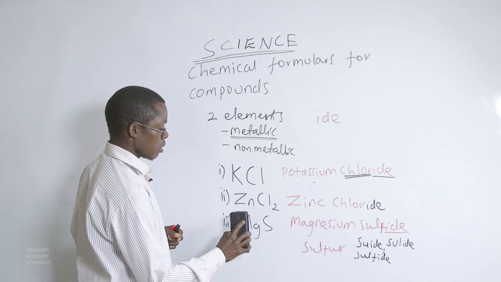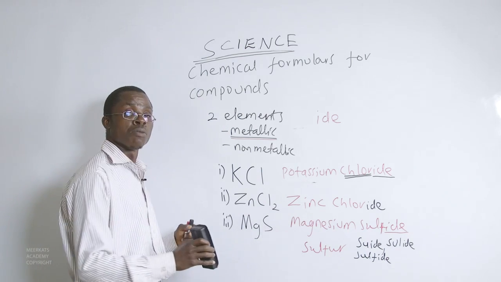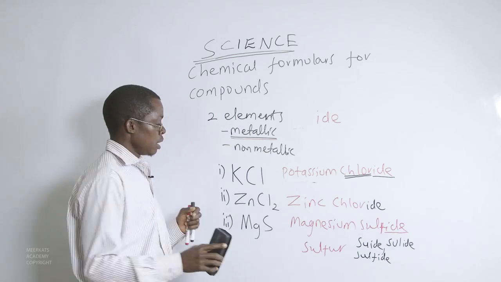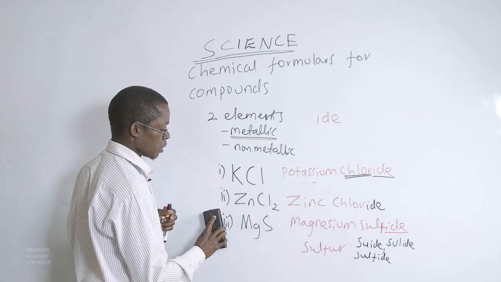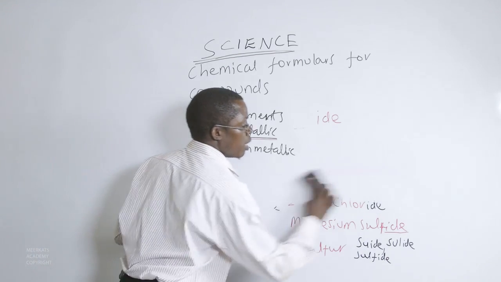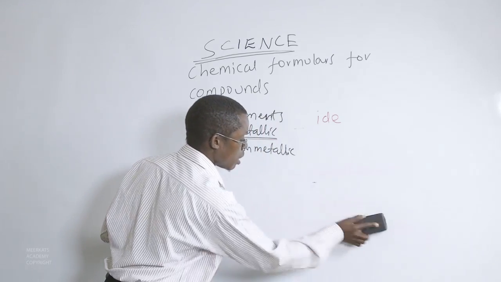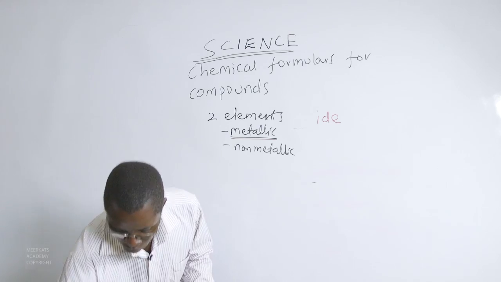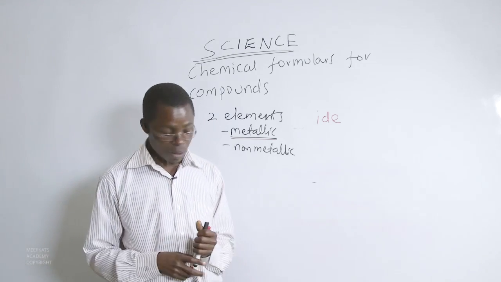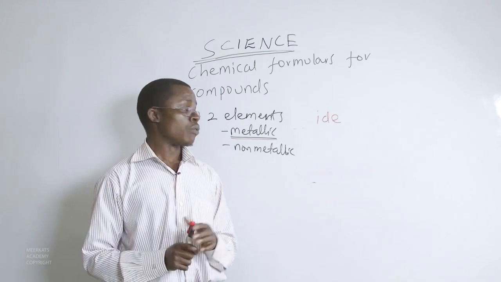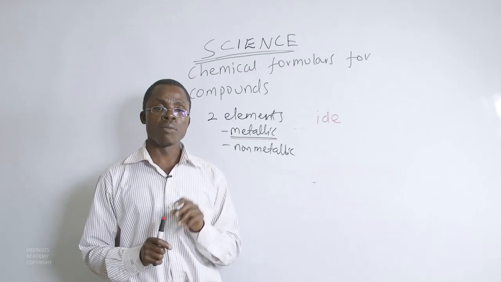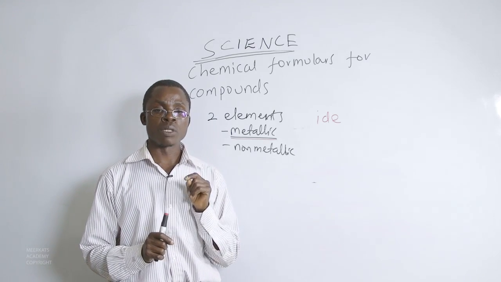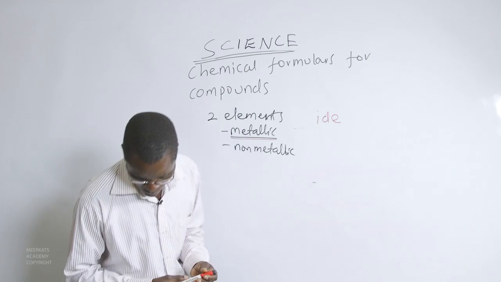Let's add on two other examples, then move to our next questions, where we shall be having more than 3 elements in a compound. So to add on, let's have 2 more of this kind, where we have only 2 elements in a compound, and we have to name them.